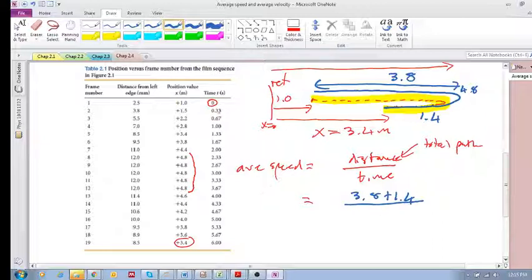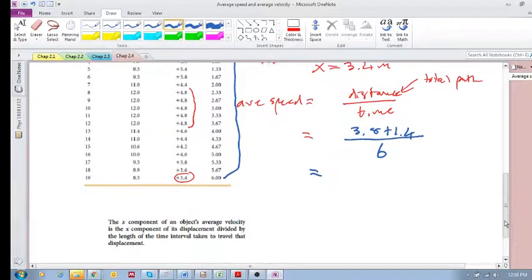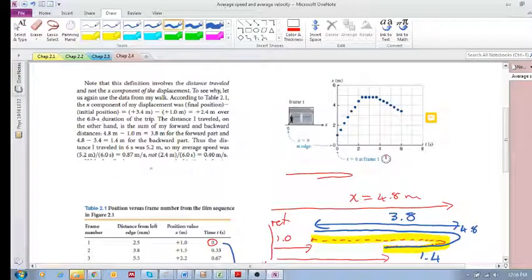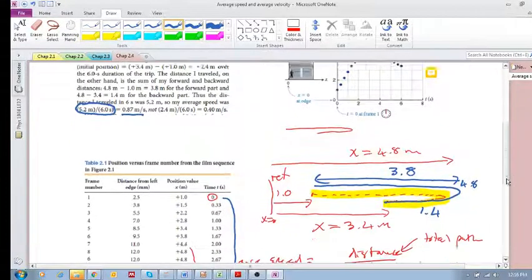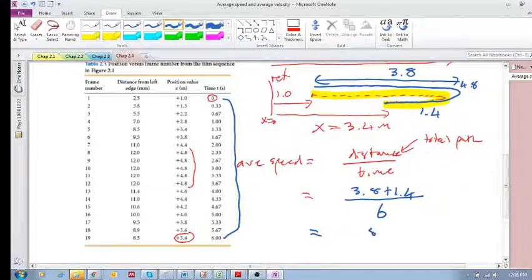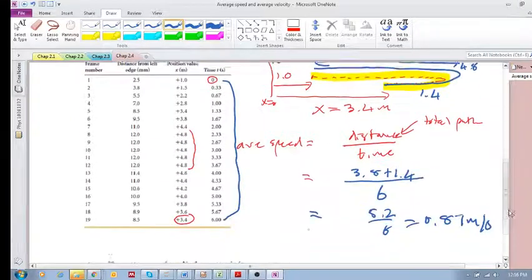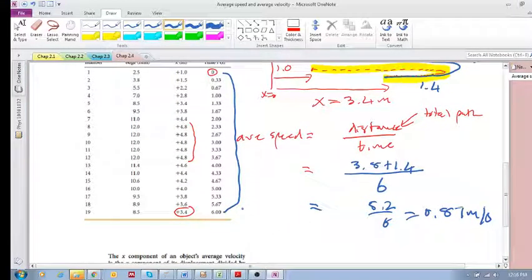What is the entire time? The entire time is that entire thing there, which is 6 seconds. So 3.8 plus 1.4 is 5.2. 5.2 divided by 6 is 0.87 meters per second. And this is the average speed.